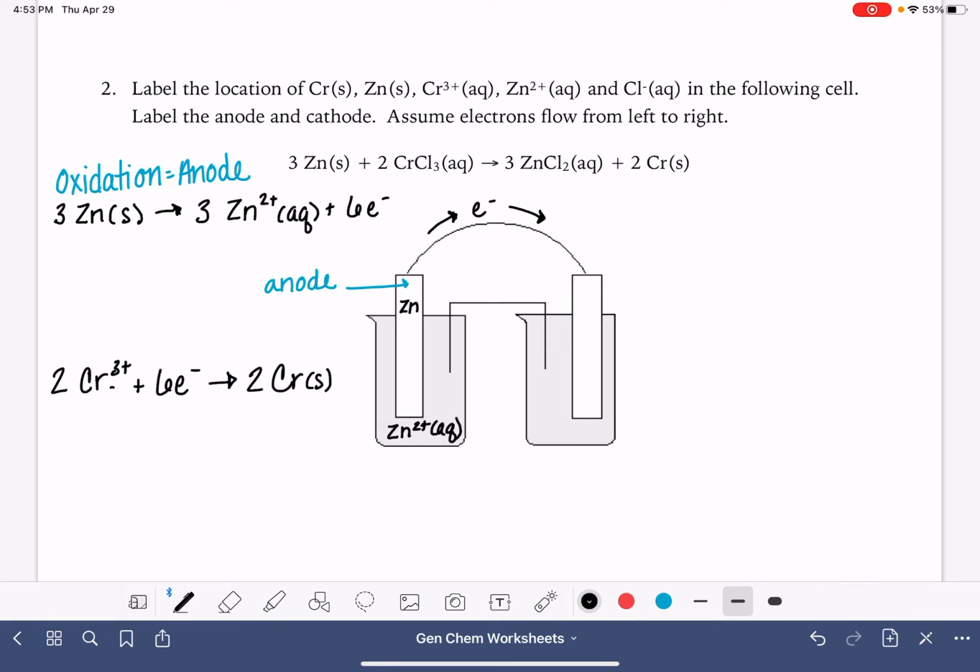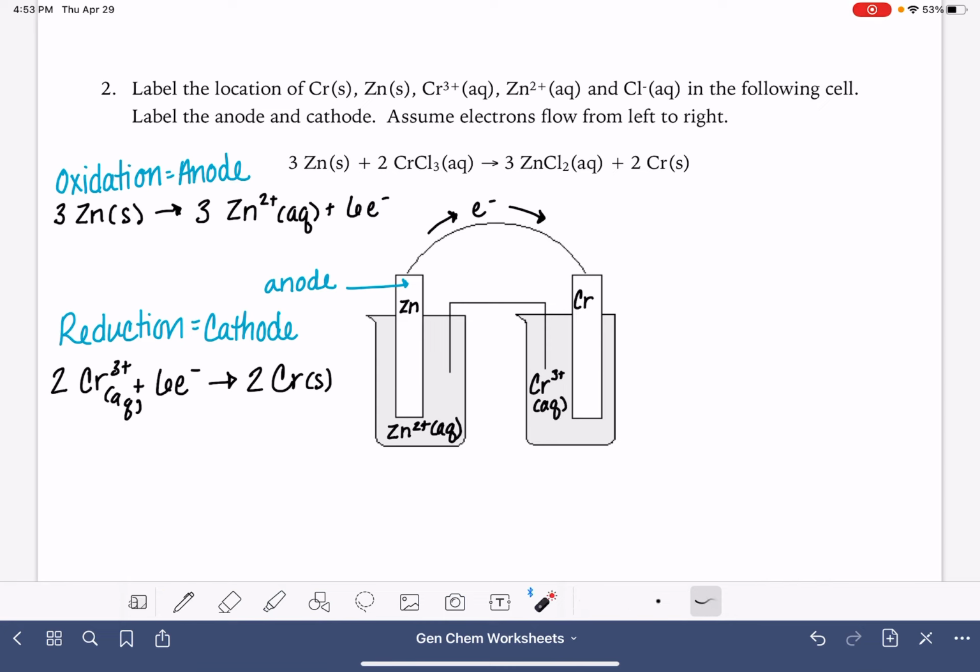Solid, I forgot the aq right here. This is reduction. Reduction is gain. Our chromium ions, Cr3+ ions, are gaining 6 electrons, so this is a reduction. This is going to be taking place at the cathode. So over here on this side, this is where we have our chromium metal. This is where we have our chromium 3+ ions.